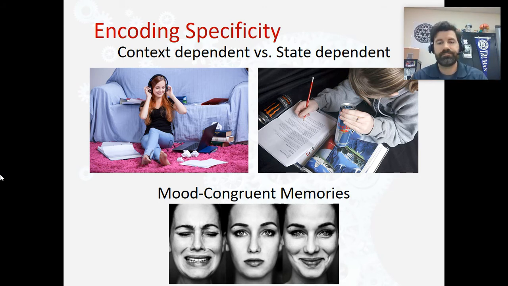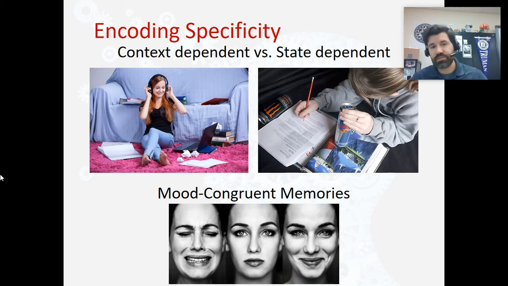And not only are you encoding the external context, you are also encoding the internal state that you are in. So if while you are studying for AP Psych, you are all hyped up on caffeine and you're really excited, or perhaps a more realistic example is maybe while you're studying, you're pretty calm and relaxed.